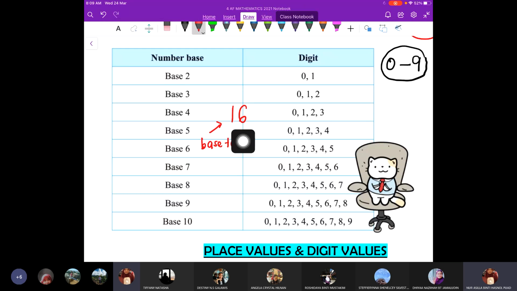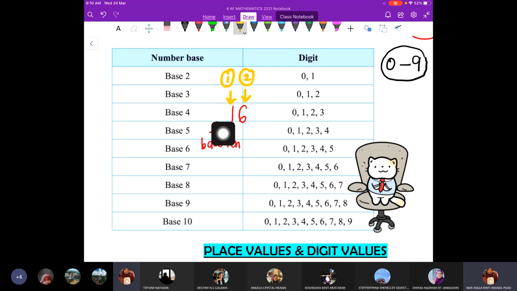Tapi ini adalah 16. So digit, when we are talking about number system dan dia refer kepada digit, it is referring to 1 is the first digit. 6 is the second digit. Okay, so dalam number system, satu-satu ini dikira separate digits. Dia tak dikira sekali. Faham ya?